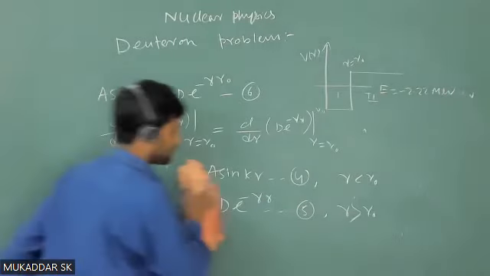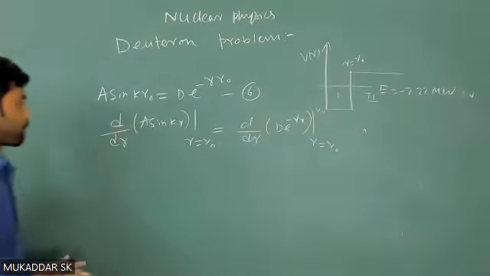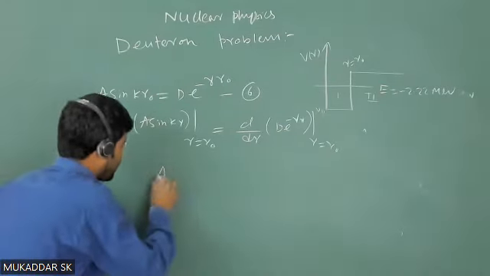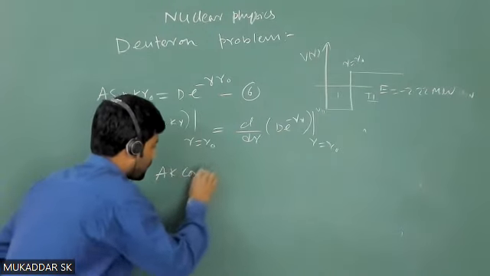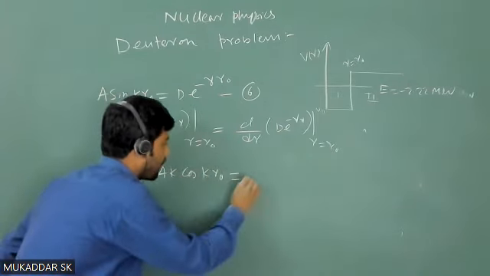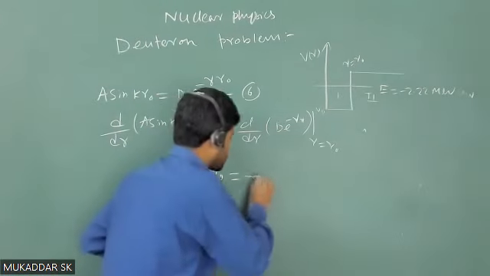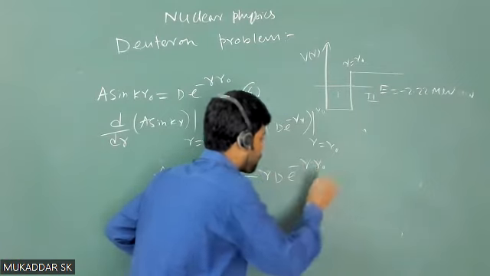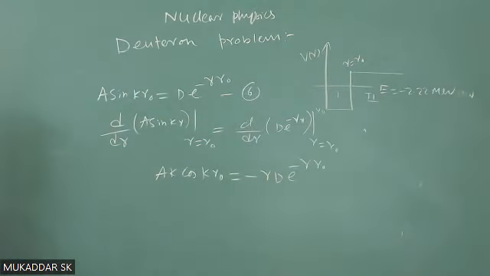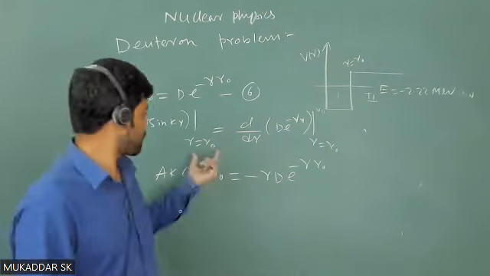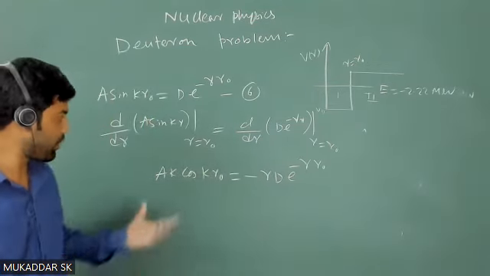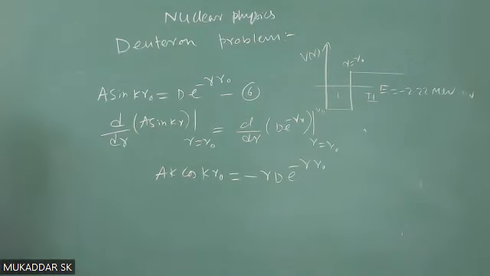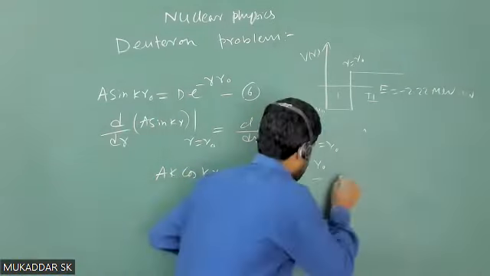Here you will get a k cos k r naught equals minus gamma d exponential minus gamma r naught. I have differentiated and substituted r equals r naught, because I am looking at continuity of the wave function at r naught. This will be your equation number 7.